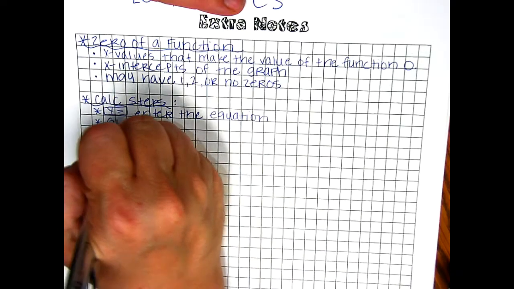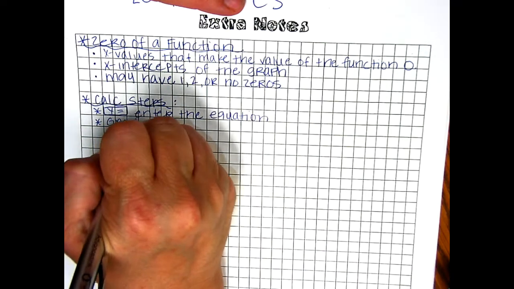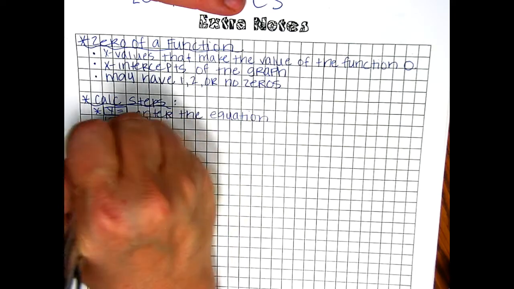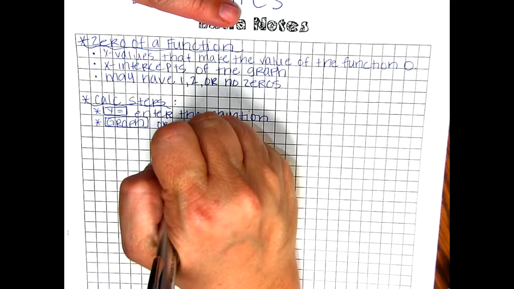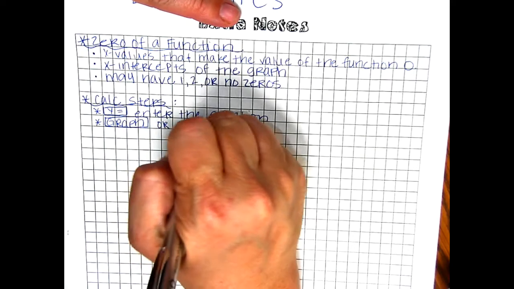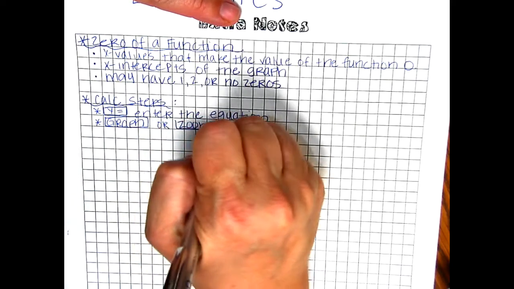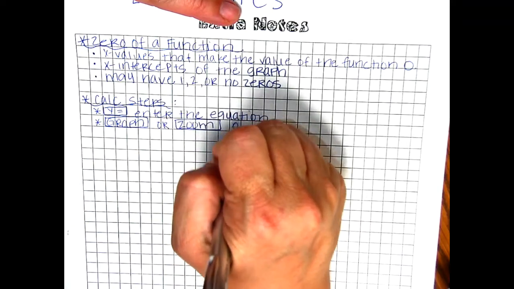Next, you'll hit the graph button. And probably even better would be zoom, followed by the zero.